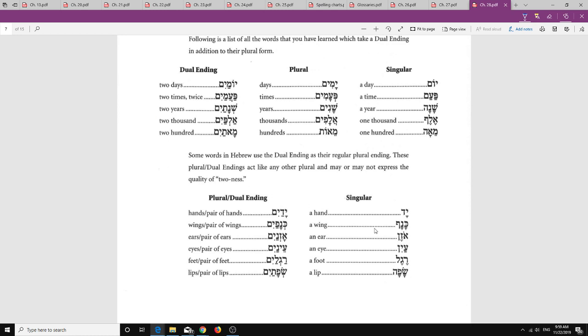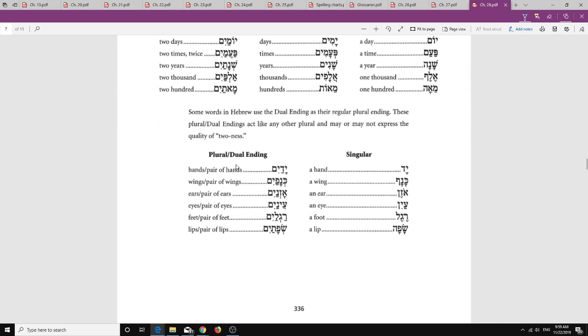The ones down here, you could do that if you wanted to, but this is also just the plural form of these. So it's just a way to talk about hands in general. Although, as you can see, you can also say a pair of hands, a pair of wings, a pair of eyes. So they can express the two-ness of it, but they don't have to.